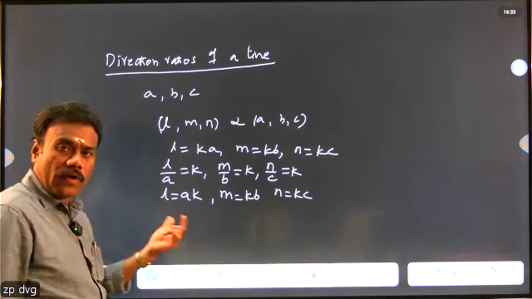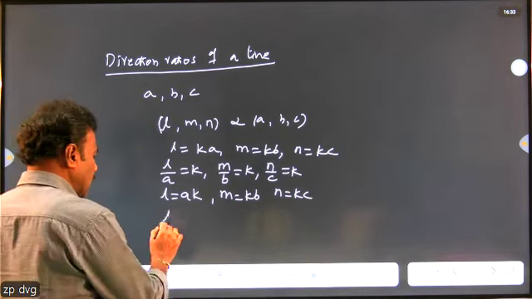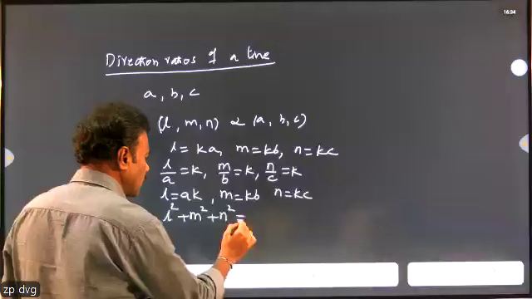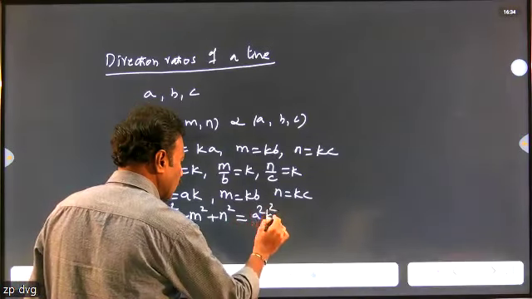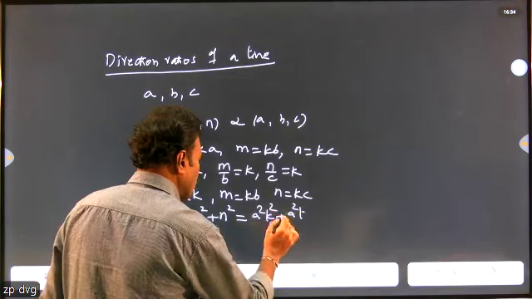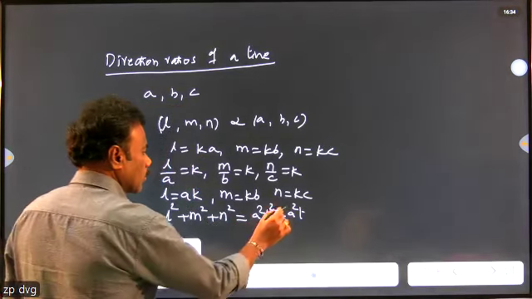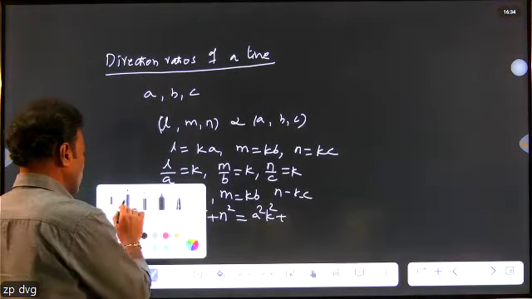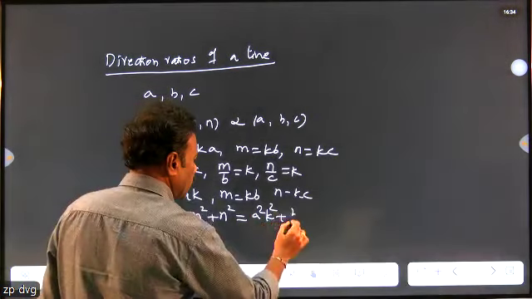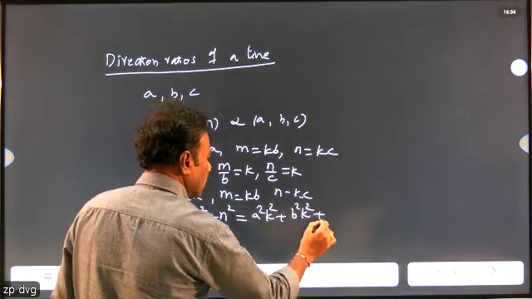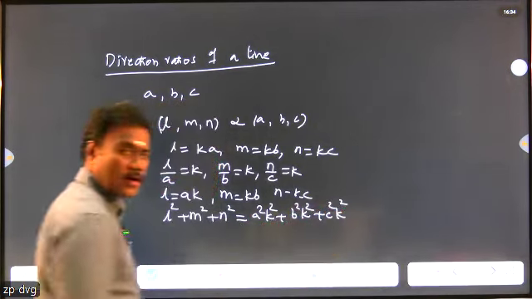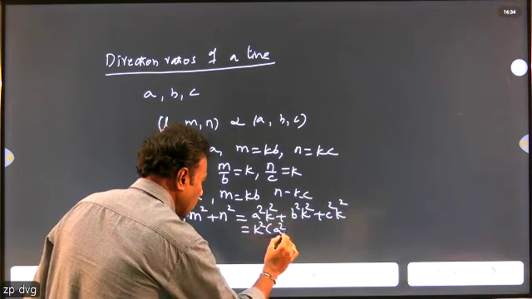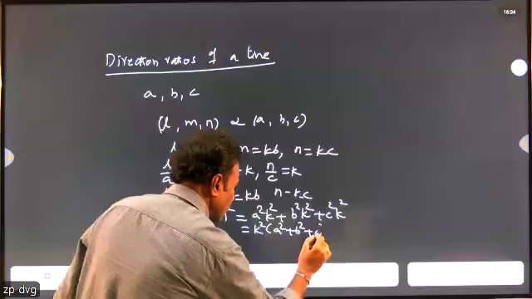Now, if you take the sum of their squares, you get l square plus m square plus n square is equal to a square k square plus b square k square plus c square k square. If you take k square as common, you get k square into a square plus b square plus c square.